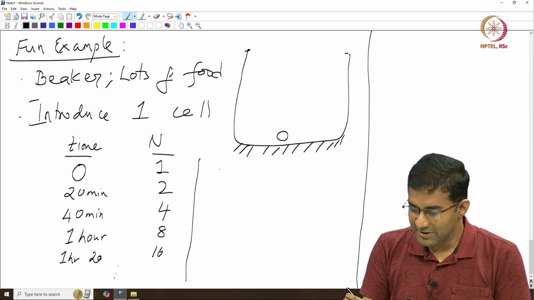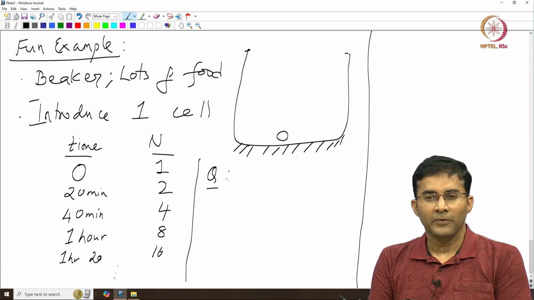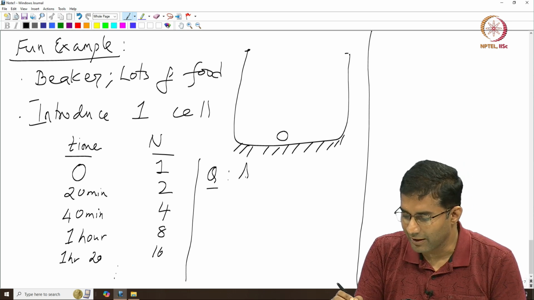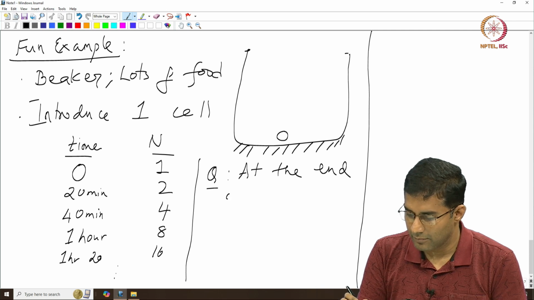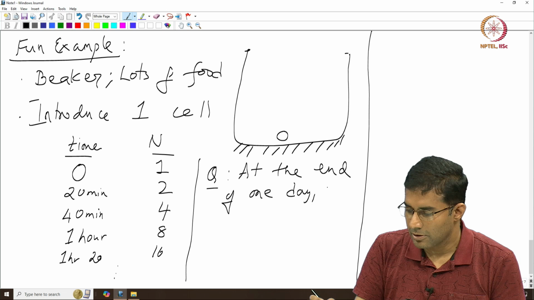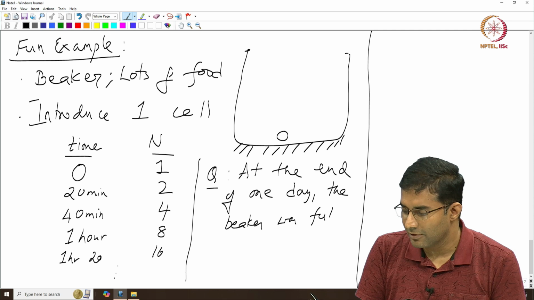So here comes the fun part of the question. Let us say I give you some information that at the end of one day the beaker was exactly full.